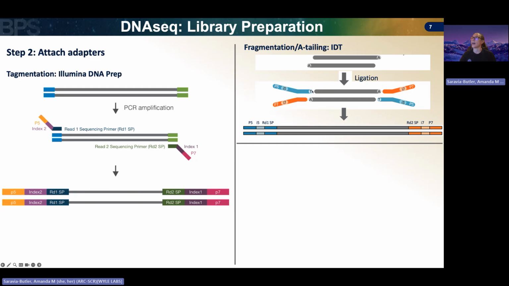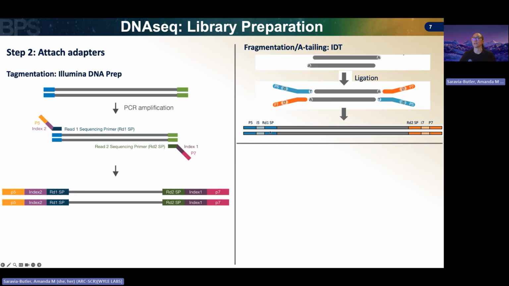And you'll notice at the end of these adapters we have a hanging T or thymine, which is going to hybridize to its adenosine that was hanging on the fragments from the previous step. And so ligase will come on and allow these two to bind here. And now our unknown fragments will have those three critical pieces needed for sequencing.